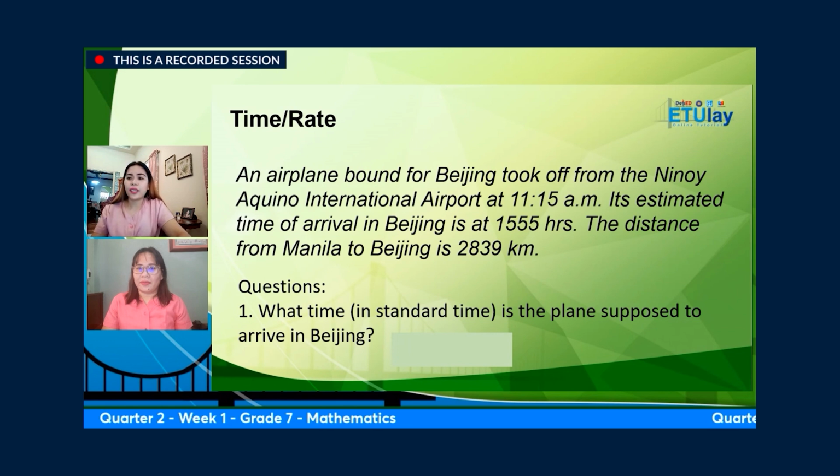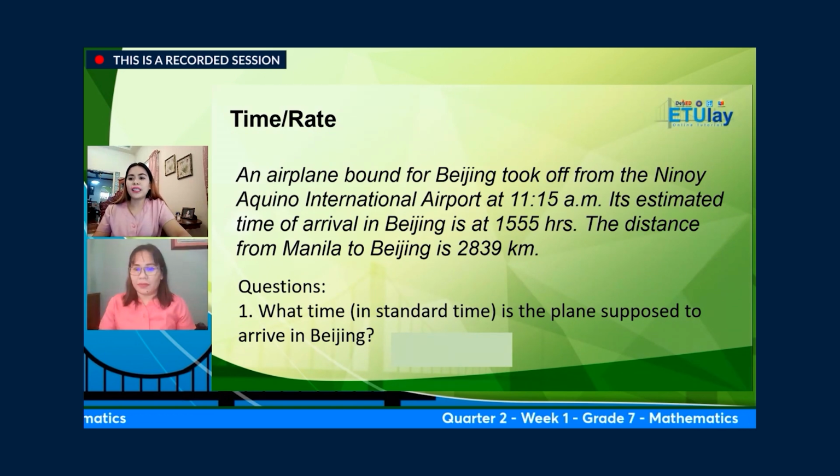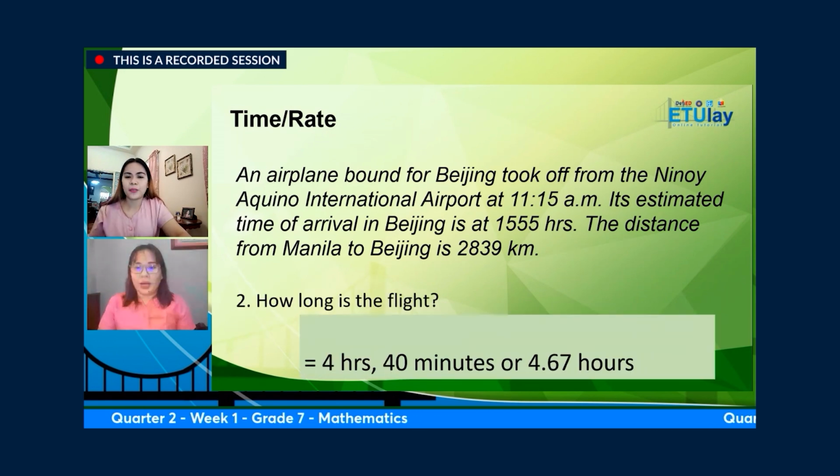Okay. So again, the question: what time in standard time is the plane supposed to arrive in Beijing? The given estimated time of arrival is 15:55 hours. If we convert it to standard time, that would be 3:55 p.m. For question number 2, how long is the flight?